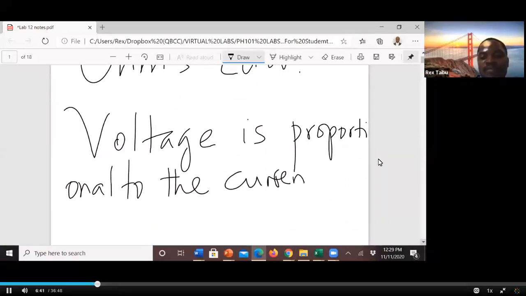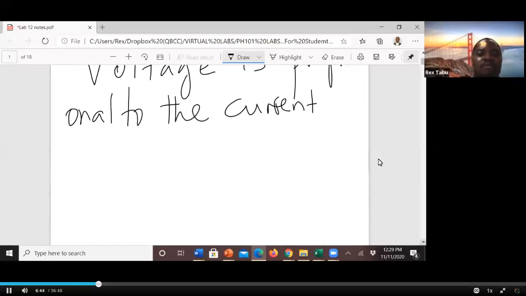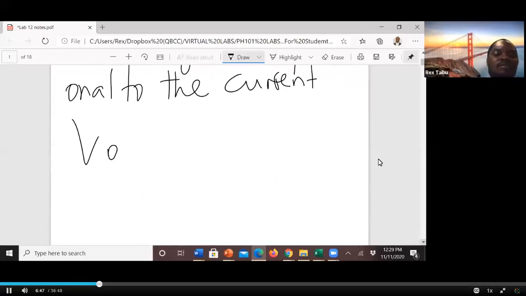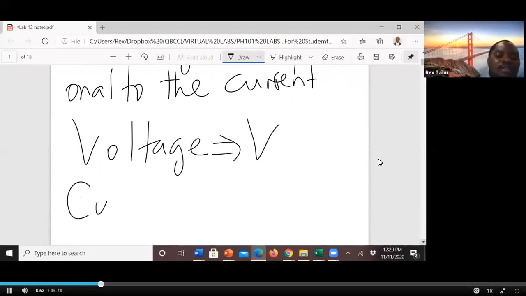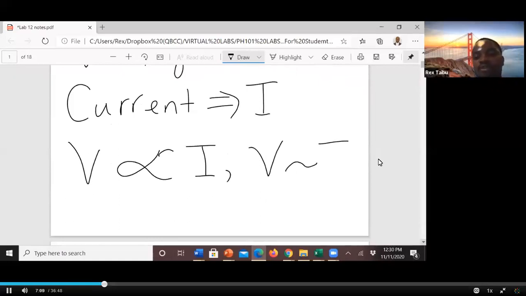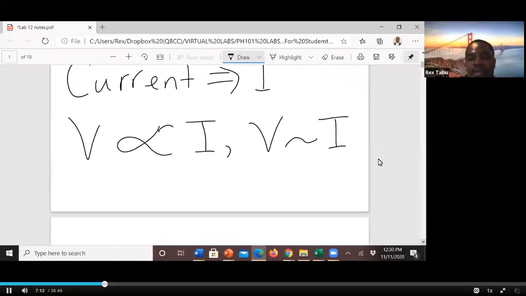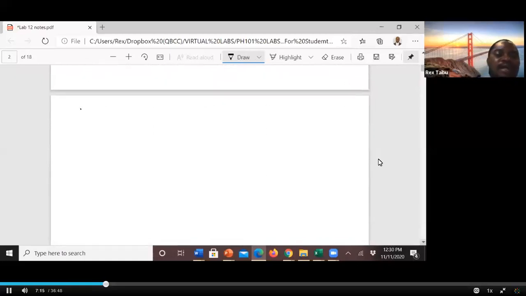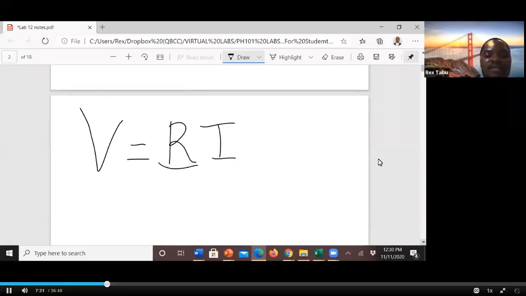Now the symbol for voltage is V. The symbol for current is capital I. And therefore, we can say that V is directly proportional to I, or some people write that V is proportional to I. Then, if that is the case, you can write V = RI, where R is constant.